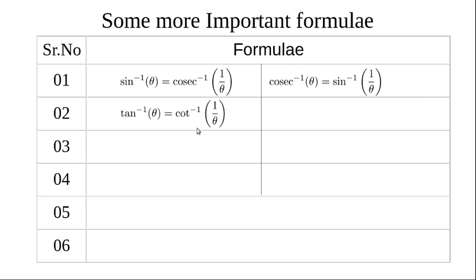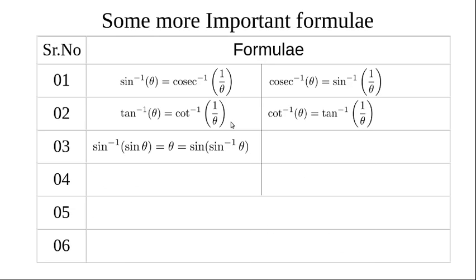Similarly, tan inverse of theta is cot inverse of 1 by theta, and cot inverse of theta equal to tan inverse of 1 by theta. Sin inverse of sin theta equals theta, which is the same as sin of sin inverse of theta. And tan inverse of tan theta is theta, which is equal to tan of tan inverse of theta.